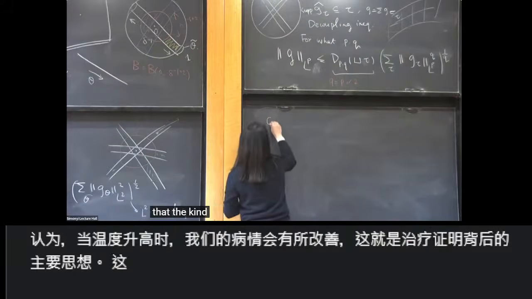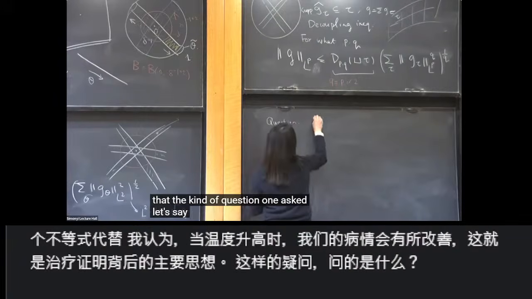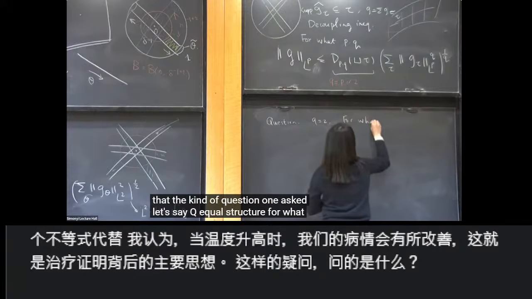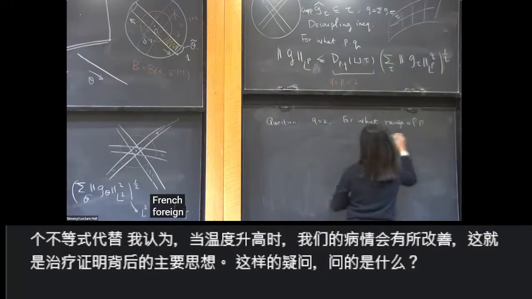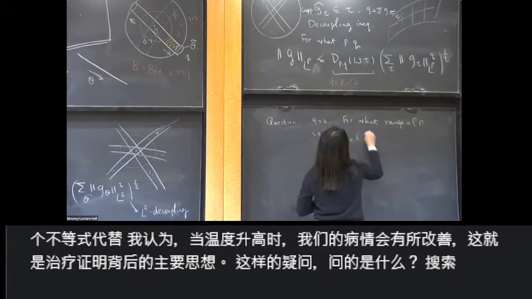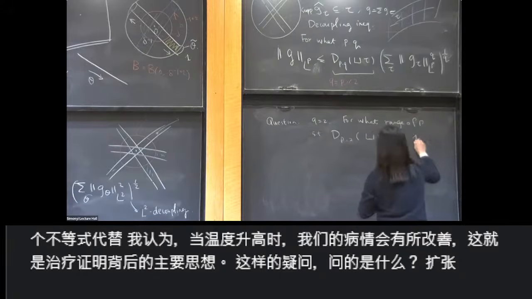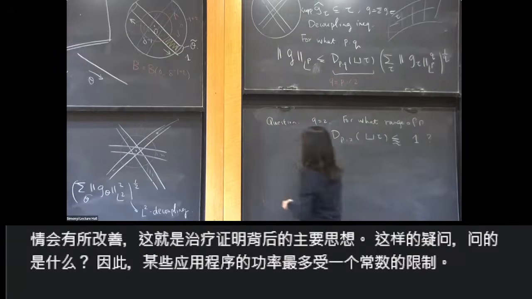The kind of question one asks is, let's say q equals 2, for what range of p is the decoupling constant bounded, up to some absolute power, by a constant? One thing is when M is flat.